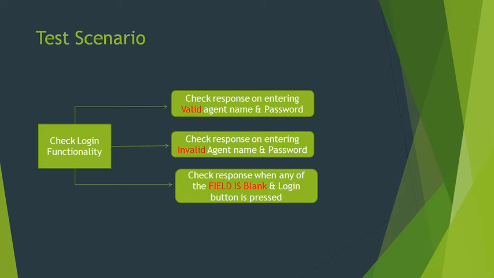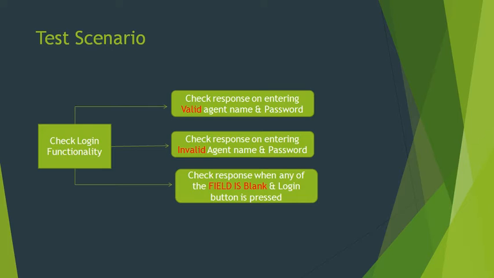There could be different scenarios, but as per the business requirement, it's the responsibility of the software tester to identify all those possible scenarios and write just a few, because there could be like 100 possibilities to check this login functionality, and we cannot mention all those 100 scenarios.